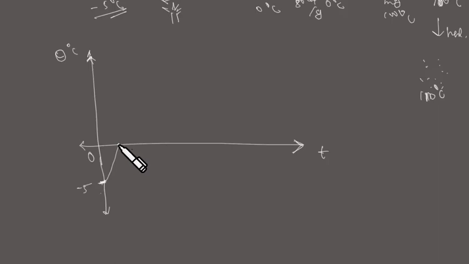The ice starts melting, and it becomes the same amount of water at 0 degrees Celsius. So it changes the state, and then after some time it becomes completely liquid at 0 degrees Celsius, and then the temperature of the liquid starts increasing, in a straight line of course, up to a temperature of 100 degrees Celsius.